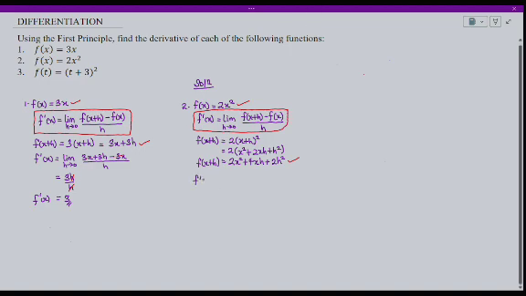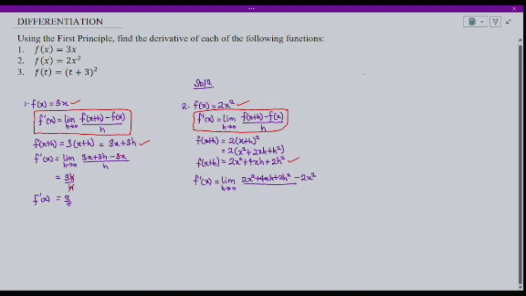So our gradient function becomes the limit as h approaches 0. Our f of x plus h is 2x squared plus 4xh plus 2h squared, minus f of x, which is 2x squared.